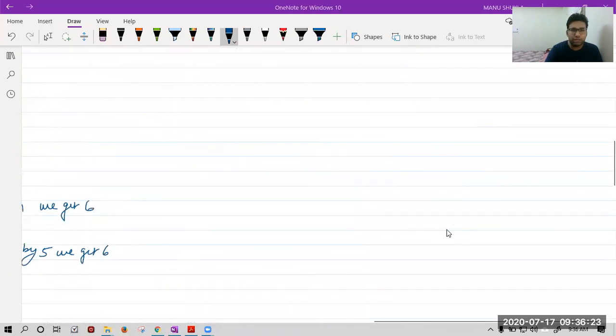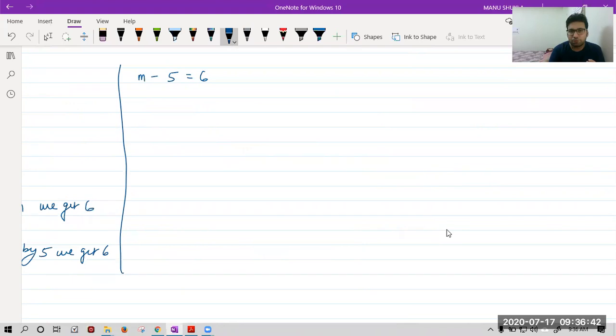Suppose I give you a question like this. All of you try this. m minus 5 equal to 6. This is a mathematical statement. If I write like this, what will you write as the statement? Tell me the statement.